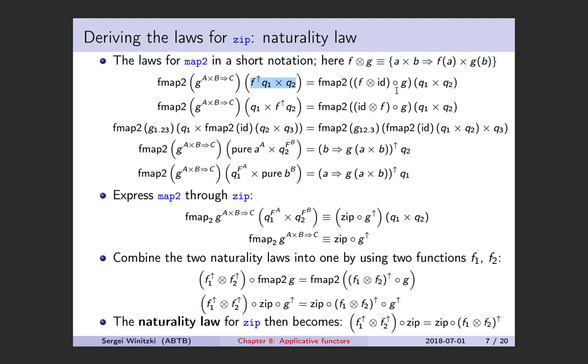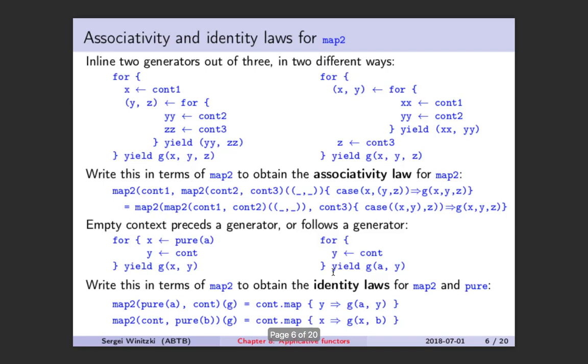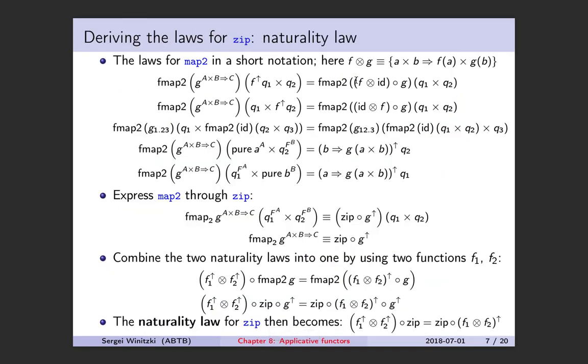And on the right hand side, it's a map2 of that tuple unmodified, but the function g is modified in that the first argument gets acted upon by function f. And this is expressed like this in the short notation.